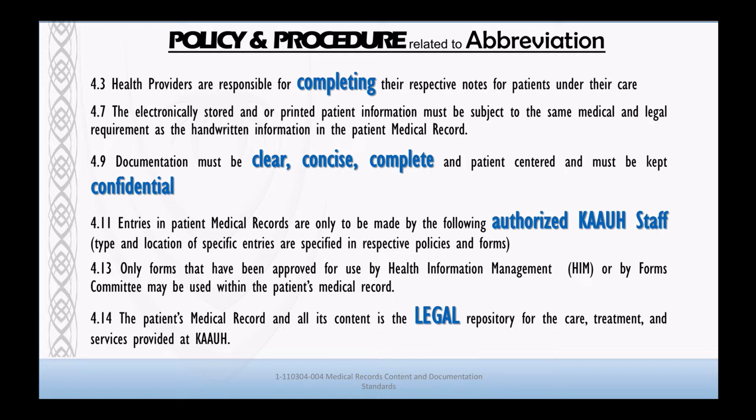Only forms that have been approved for use by the Health Information Management or by the Forms Committee may be used within the patient's medical record. 4.14. The patient's medical record and all its content is the legal repository for the care, treatment, and services provided at KUH.